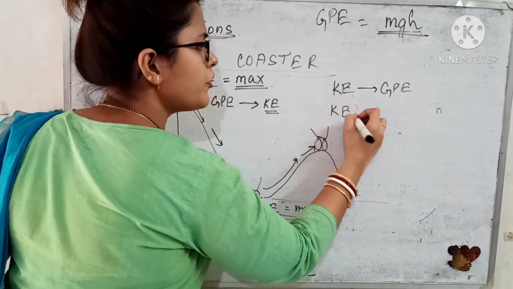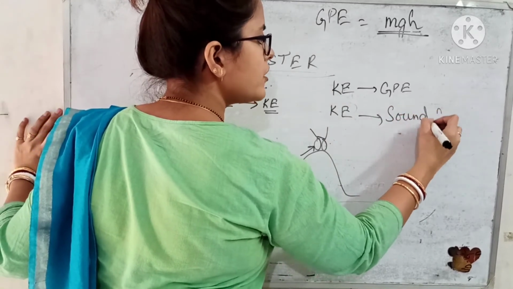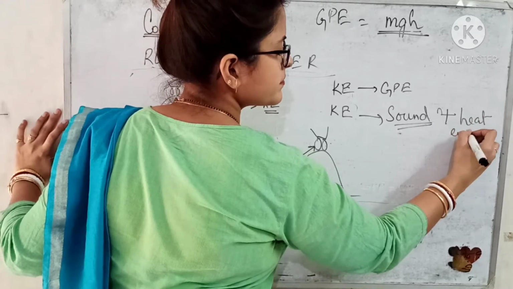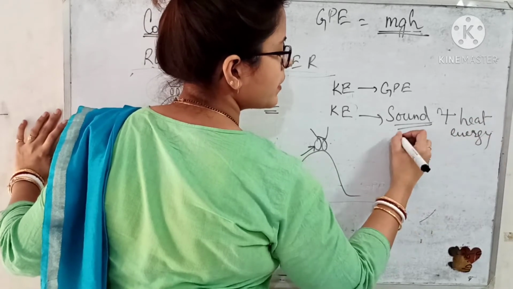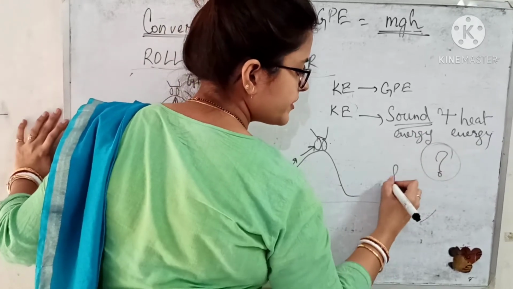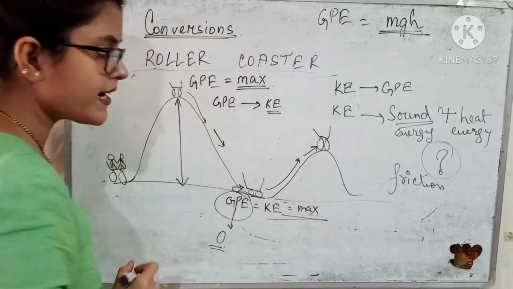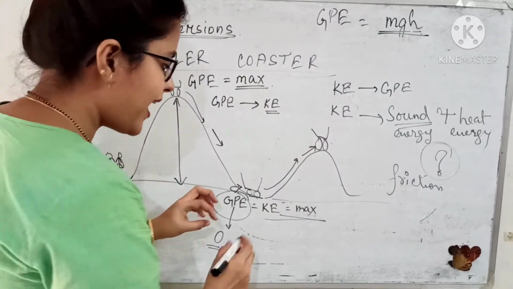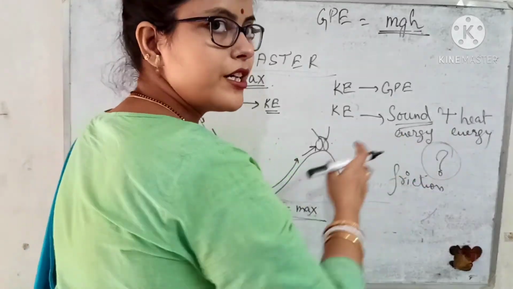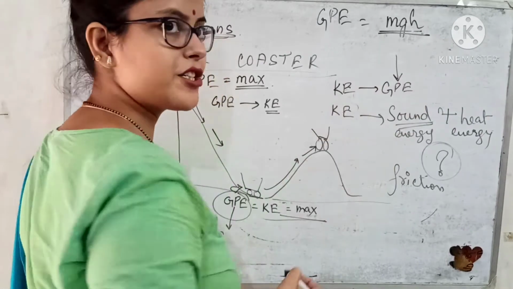However, a part of it also gets converted to sound energy as well as heat energy. Why? Because of the friction between the wheels and the tracks. So, a part of the kinetic energy is getting converted to sound energy and heat energy, and the rest is getting converted to gravitational potential energy.